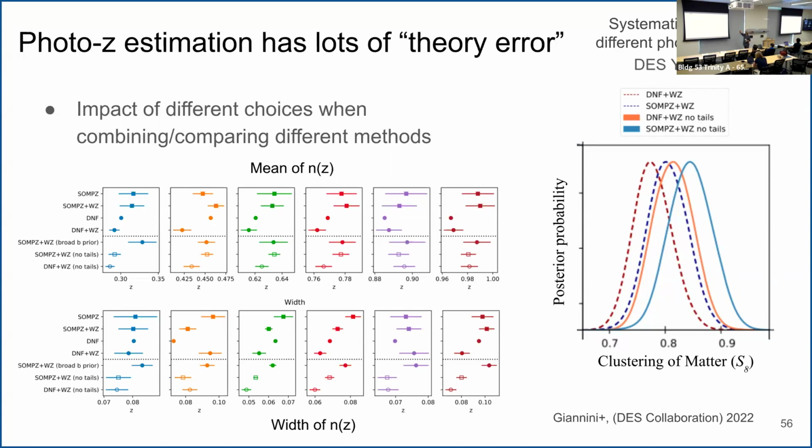So we have SOMPZ, DNF, and then WZ as clustering redshifts. You're incorporating the clustering redshifts to try to calibrate out some of the residual uncertainties from these other methods. And it turns out that it really depends on the choices you make for these. They can have pretty significant impacts on your inference. You can have pretty big shifts on your S8. And that's something that we want to incorporate into this theoretical uncertainty. But again, it's pretty hard to quantify that.